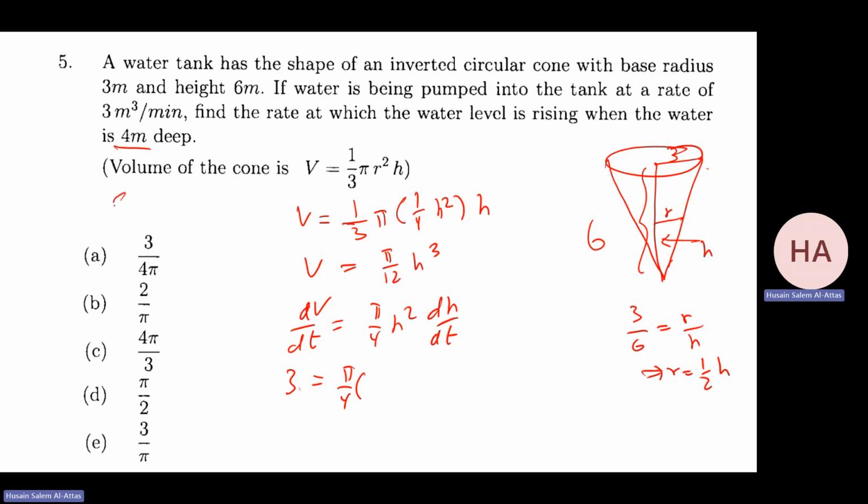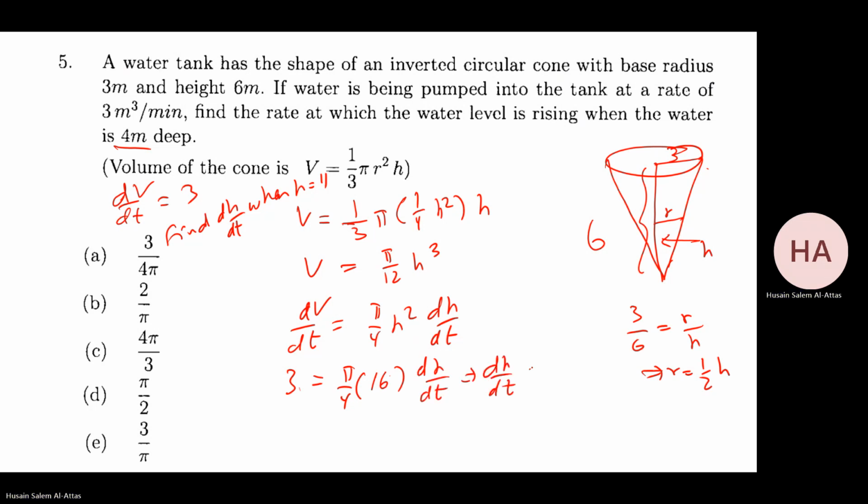No? Let me write this. dV by dt equals 3. Find dH by dt when H equals 4. That will be 16. So dH by dt will be what? Cancel. This is 4. 3 over 4 pi.